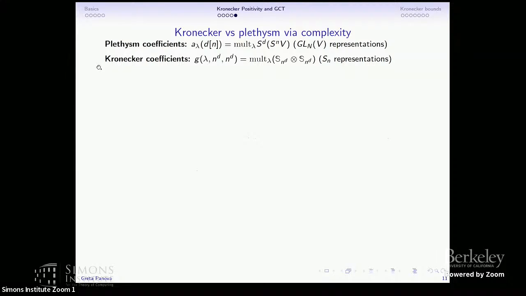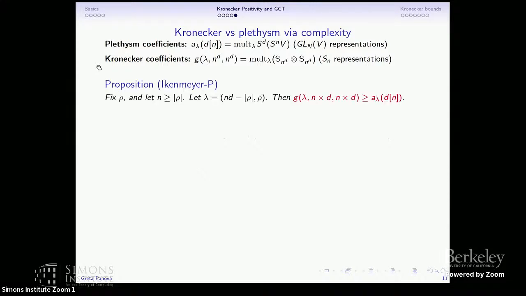And just briefly, to tell you the other result that I promised, how to use geometric complexity theory to prove the inequality between plethysm and Kronecker coefficient. The plethysm is just the multiplicity of lambda in the symmetric d power of the symmetric n power. Or in other words, this is going to be the multiplicity of lambda in the coordinate ring of the orbit closure of all polynomials of n in n variables of degree d.